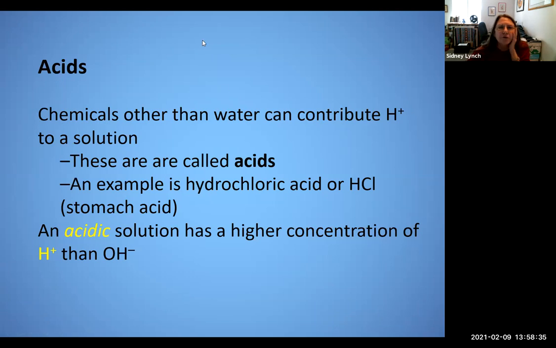So some examples would be hydrofluoric acid, hydrochloric acid, sulfuric acid, H2SO4.